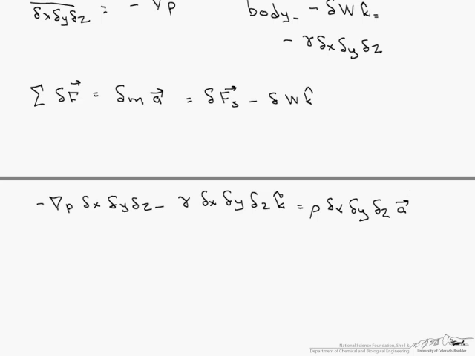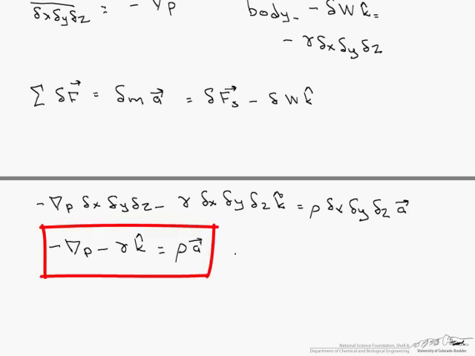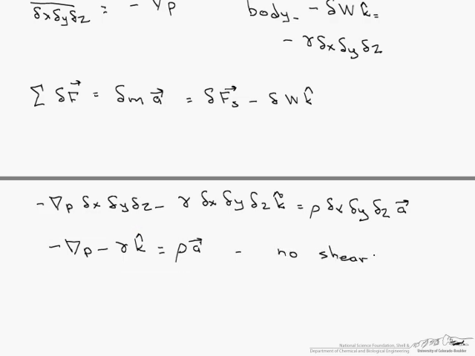Dividing through by volume, we find that minus del p minus the specific weight in the k direction equals rho times the acceleration. And this is the equation of motion with no shear stresses.